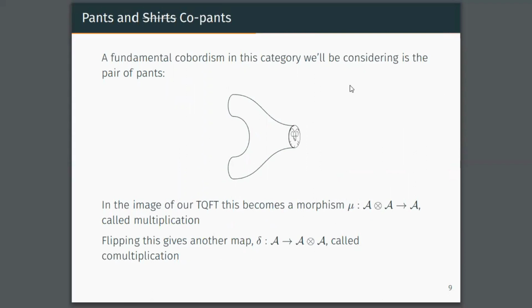We're saying this is a cobordism from N to N or whatever. So N here is a disjoint union of two circles, N here is one circle. If you flip that cobordism, it's not like an inverse. You're not inverting the linear map necessarily. This is another cobordism which gives a linear map in the opposite direction.